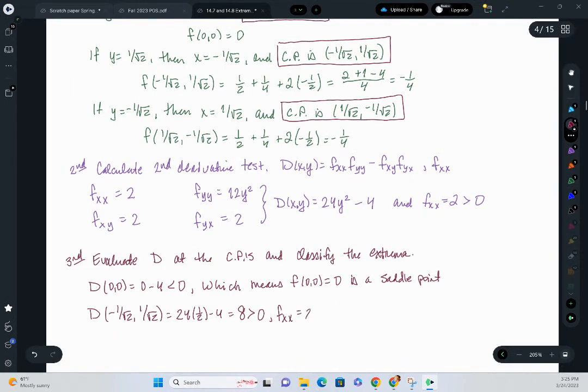And f sub xx equal to 2 is positive, which means that f of negative 1 over root 2 with positive 1 over root 2 is a local minimum.